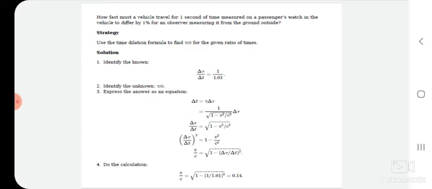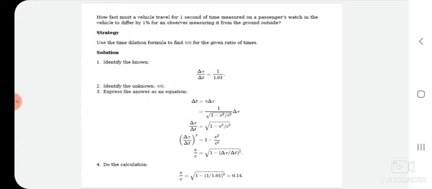The difference between the moving object and the stationary object differs by 1%. That's why proper time divided by delta small t is equal to 1 by 1.01. The variation between the moving frame and the stationary frame is 1%.